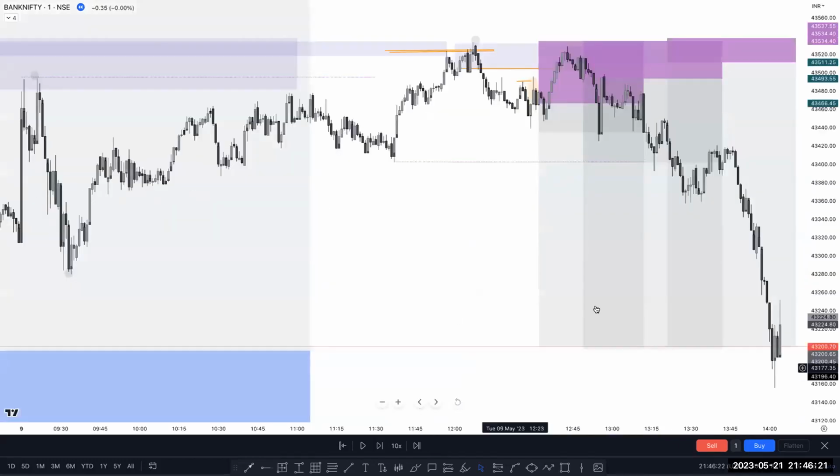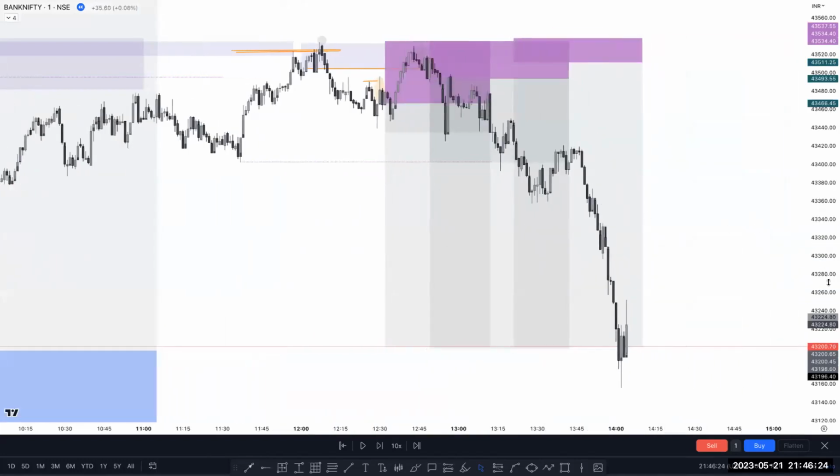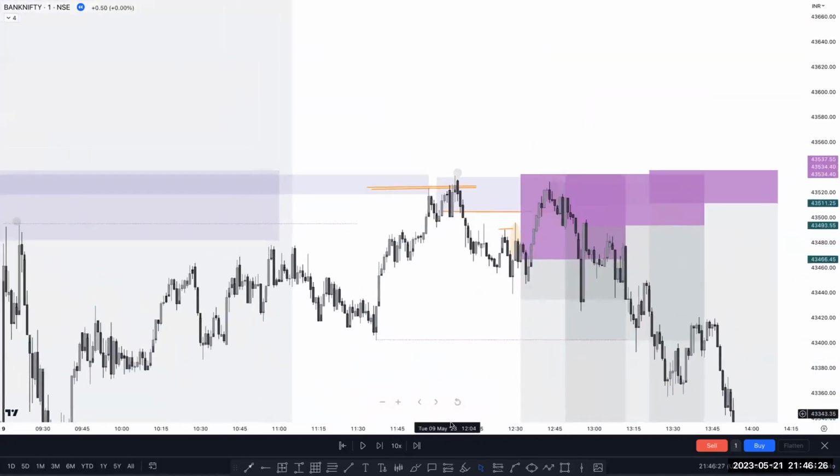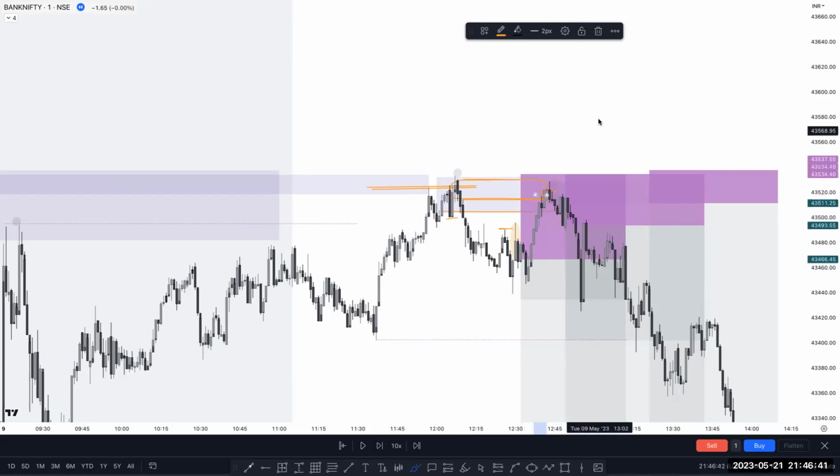And this is also based on chalk, because the previous broken chalk taken out the inducement, mitigate your order block here, and you can take entry here also, right? Chalk taken out the inducement, tap here and push downside.